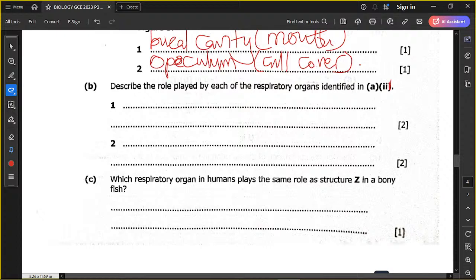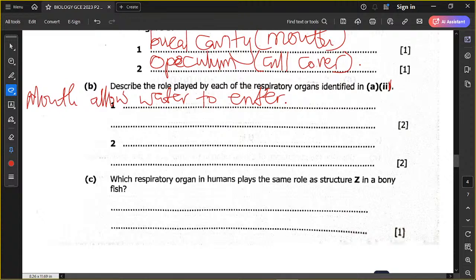So it is to allow water to enter. The mouth allows water to enter. Then the other one, for the mouth, is to open and close. So through opening and closing, it allows the water to enter. When it opens, water goes into the mouth.